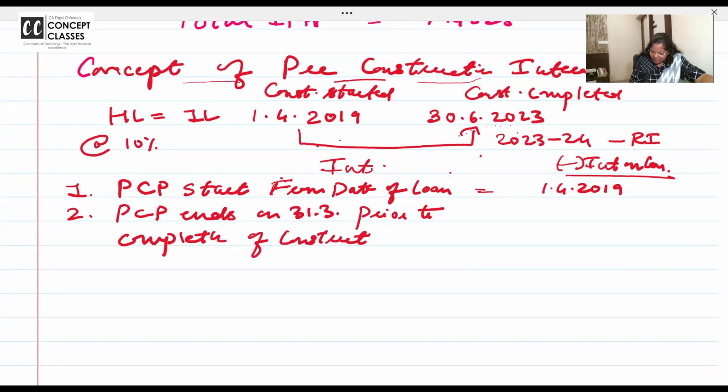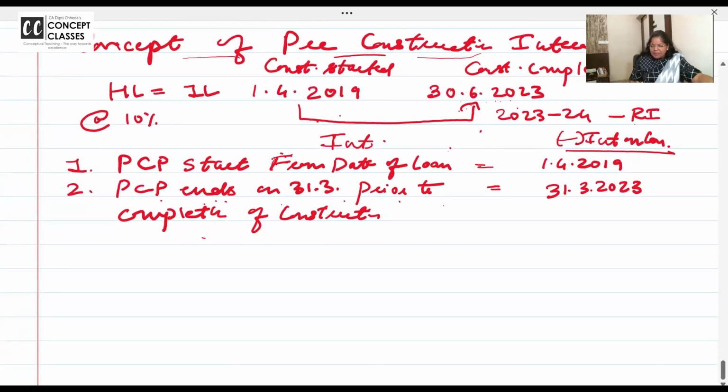Construction can be completed on any day, not necessarily 31st March. Here construction is completed in June 2023, so the pre-construction period ends on 31st March prior to completion, which is 31st March 2023.